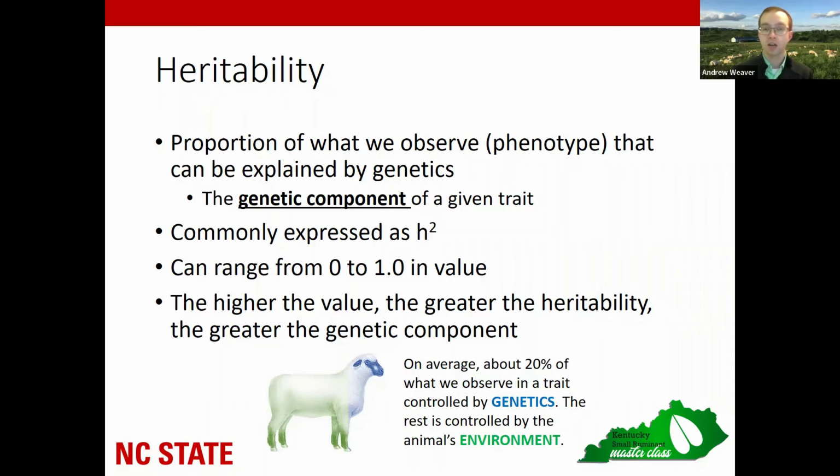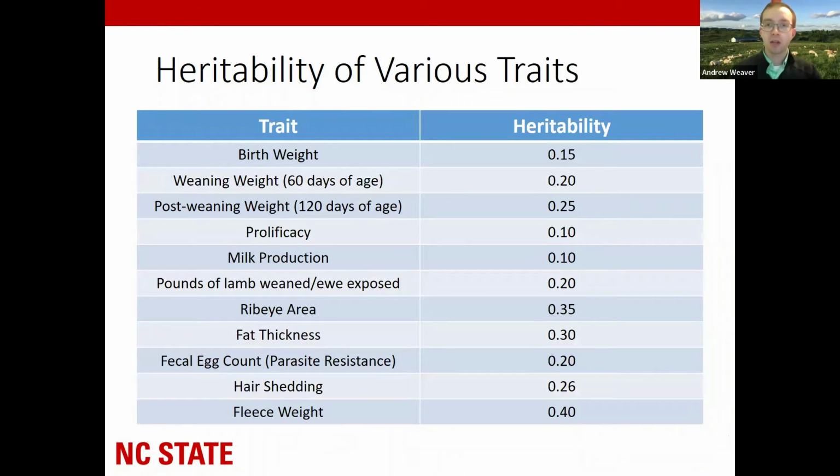A trait that has a heritability of 1 is 100% heritable, or 100% controlled by the genetics of the individual. The higher the value, the greater the heritability, the greater that genetic component. On average, though, for most of our traits, only about 20% of what we observe is a result of genetics. The rest is environment.